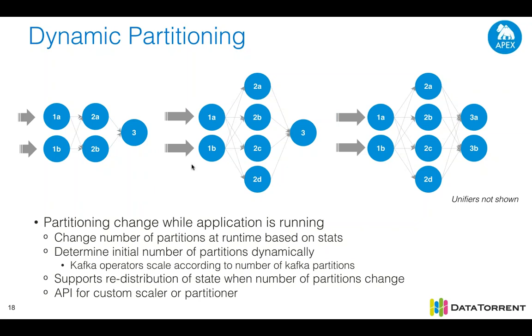So our Kafka input operator can detect how many partitions are there for the Kafka, and it can basically create as many partitions so that it can consume at the maximum rate from Kafka. So if your Kafka side has four partitions for a topic, we can automatically create four operators. You don't need to know. So you just point it to the topic. We'll create four partitions, and then we'll consume parallelly, right? The highest speed possible.